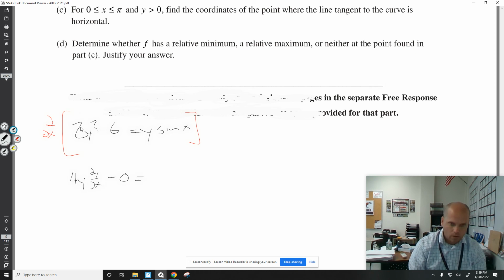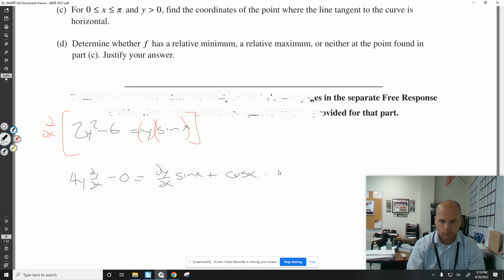Now remember, whenever you take a derivative of y, you need a dy dx after it. Remember, if there's a product, x times y is the most common product. You got to use the product rule. Derivative of the first times the second plus the derivative of the second times the first.